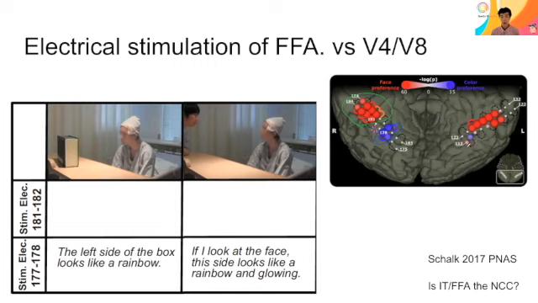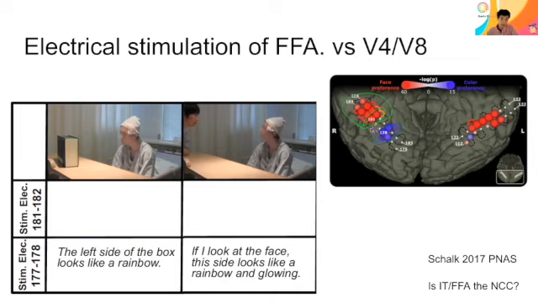For the 177, 178 pair, they reported that the left side of the box looks like a rainbow face. When I look at the face, this side looks like a rainbow. So that's a color phenomenology elicited by the stimulation of the 178 electrode.